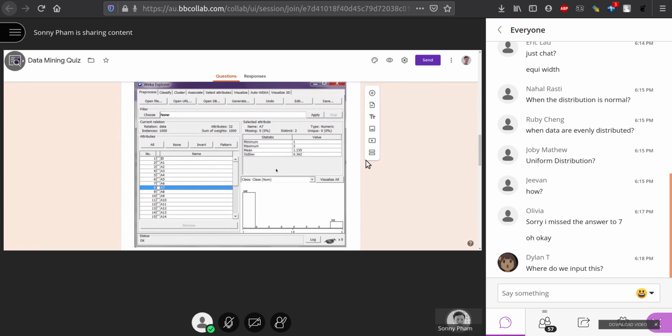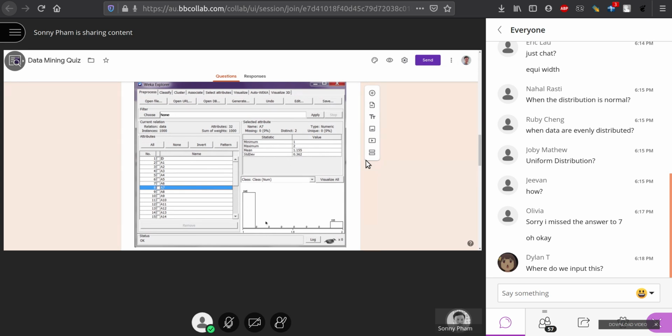If you click on an attribute, for example attribute 7, it gives me the minimum value, maximum value, mean and standard deviation.